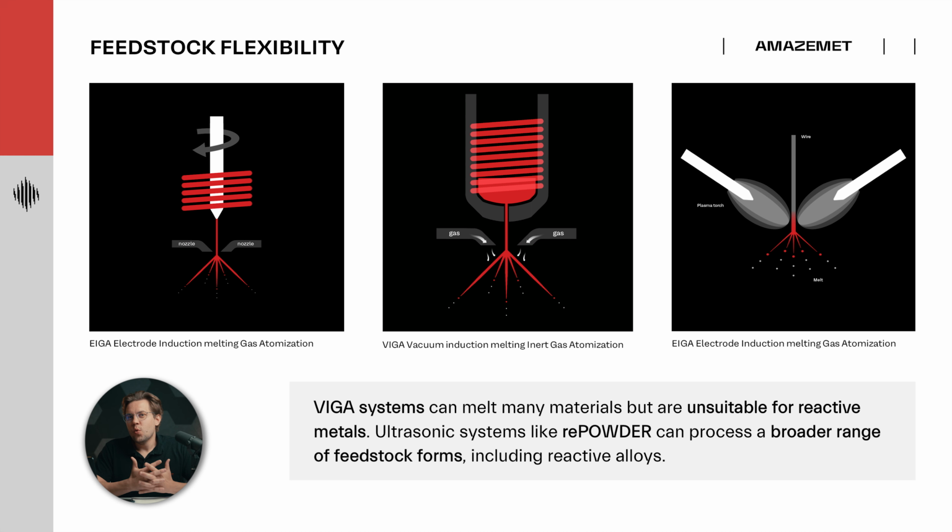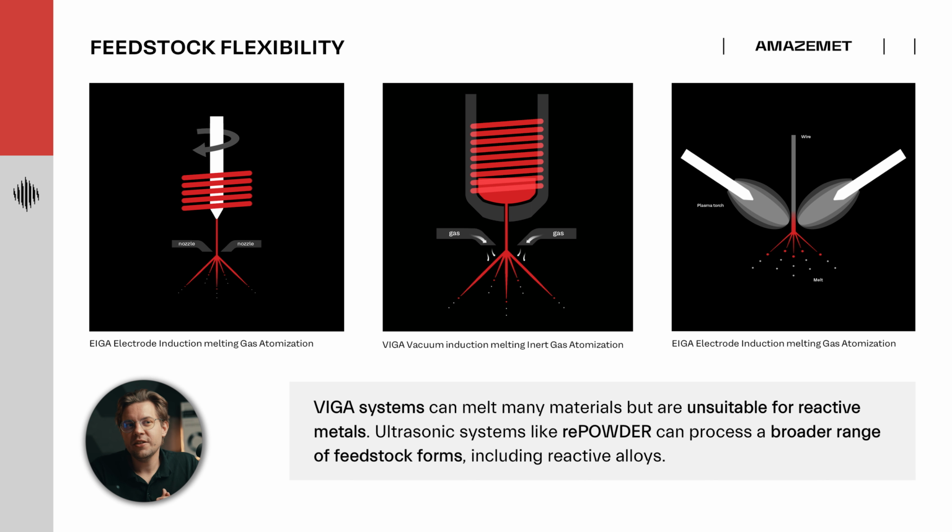Another topic is, what is my material? What is my feedstock to be atomized? In gas atomizers, there are several different types available. If we're operating a so-called VIGA, we have just a crucible and we can fit there virtually anything. As long as it melts in a crucible, then it can be sprayed and atomized.